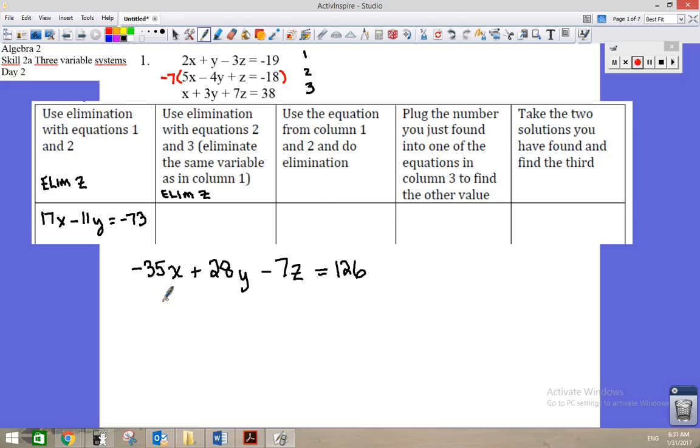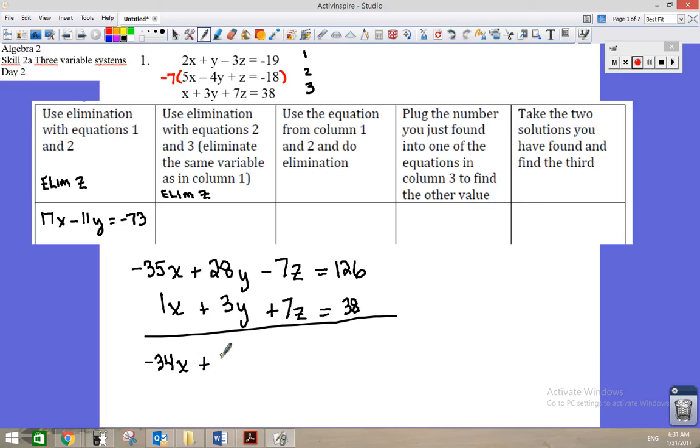Equation 3, I'm just going to copy as is because it has that 7z that I wanted. So if I add these together, the z's are eliminated, which is what we wanted.